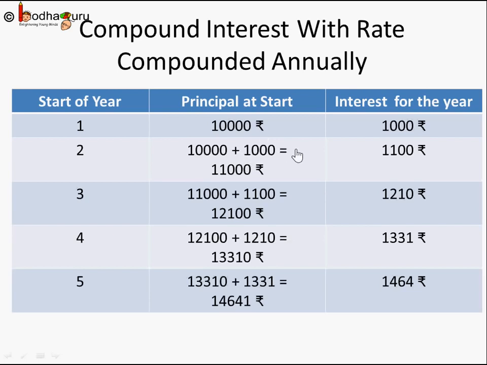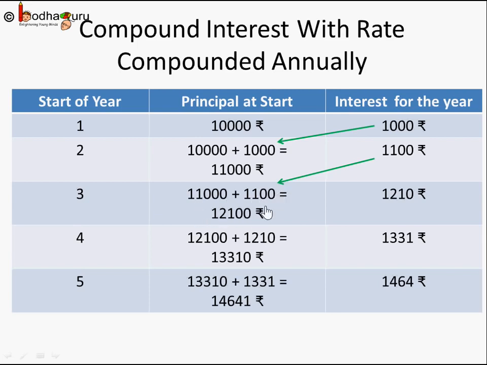And what we've seen is 1,000 goes for the second year because it was compounded annually. So the principal for second year becomes 11,000, and interest for the second year using that formula previously we saw 1,100 rupees, and so on. At the end of second year, this interest gets added for the third year.